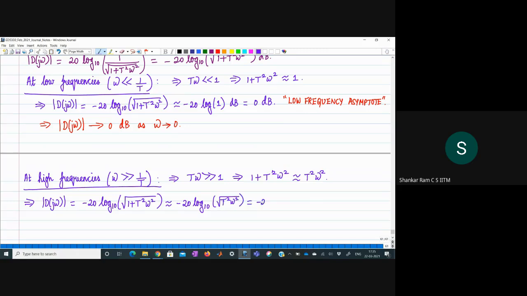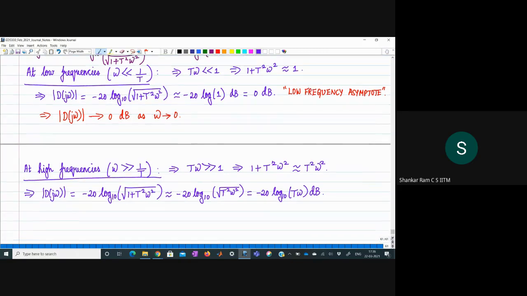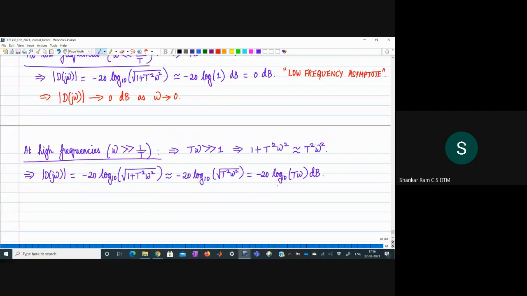This will be minus 20 log to the base 10 t omega. So this is going to be what is called the high frequency asymptote. Why is it called high frequency asymptote? Because as omega tends to higher and higher frequencies, this is the value to which the magnitude of this particular factor will tend to, right? So that's why it's called a high frequency asymptote.